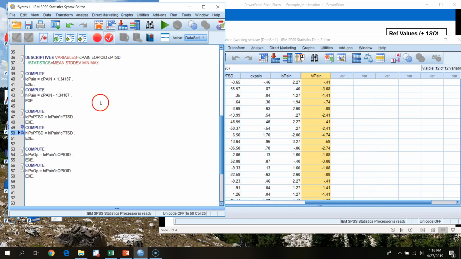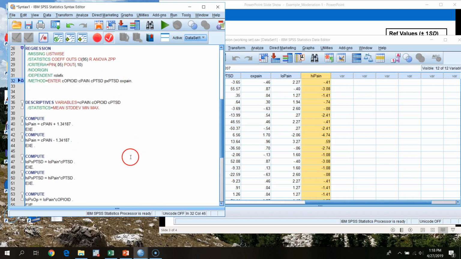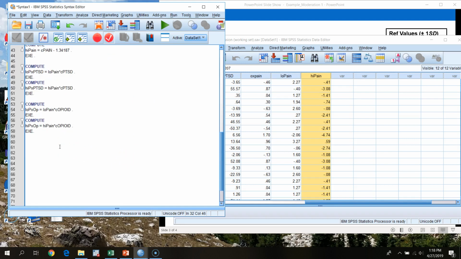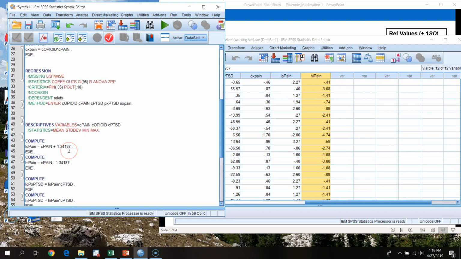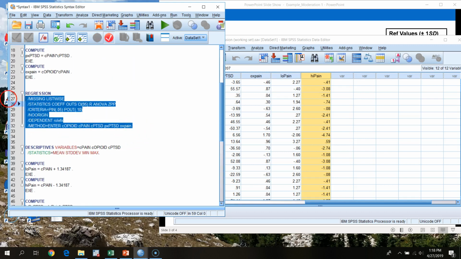And because I've got another interaction of opiate use and pain that involves pain, I created new interaction terms where low pain, this is the interaction of pain and opiate use at low levels of pain, and the interaction of opiate use and pain where we've got high levels of pain.